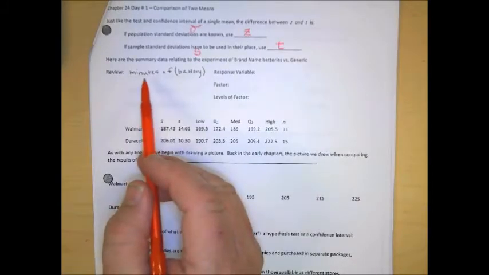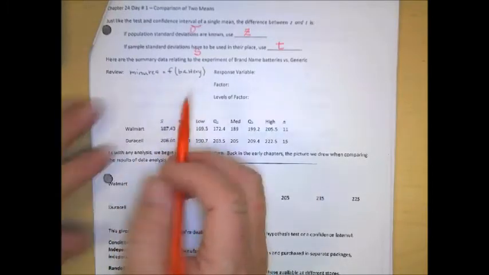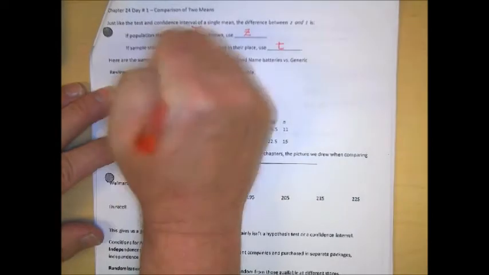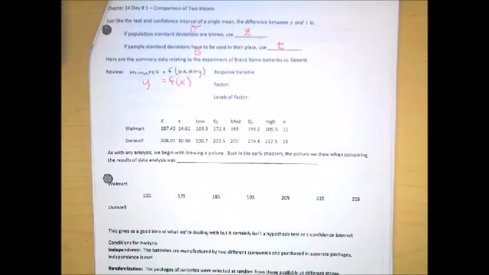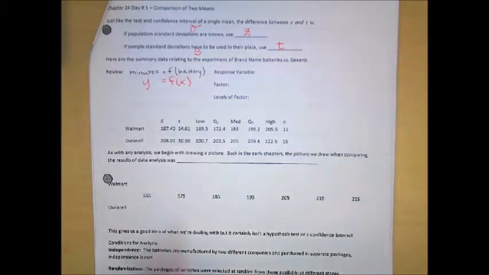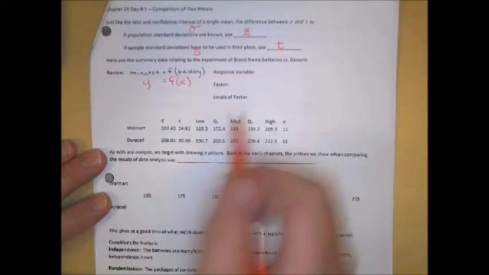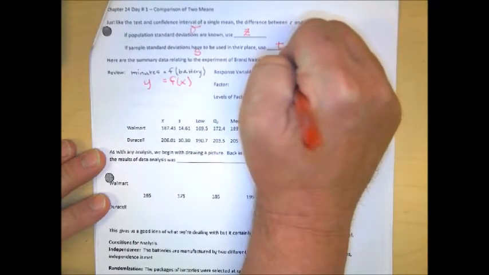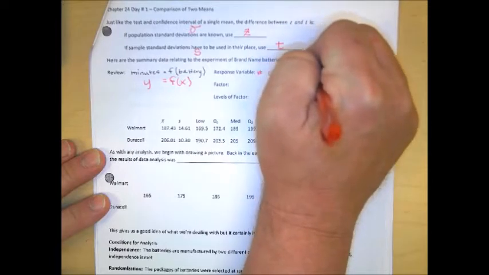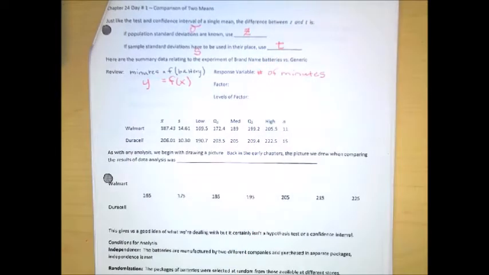Now, in function notation, y equals f of x. If we were to build an experiment, the response variable is number of minutes. How long will the batteries run the Walkman?